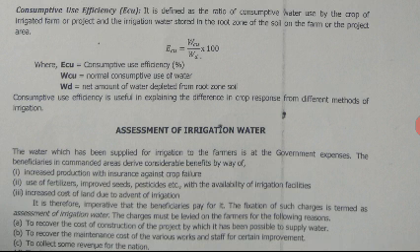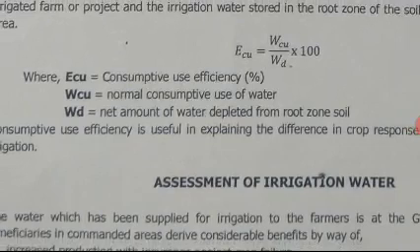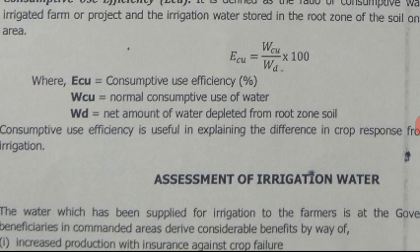ECU is equal to WCU divided by WD into 100, where ECU is consumptive use efficiency percentage, WCU is normal consumptive use of water, WD is net amount of water depleted from root zone soil.